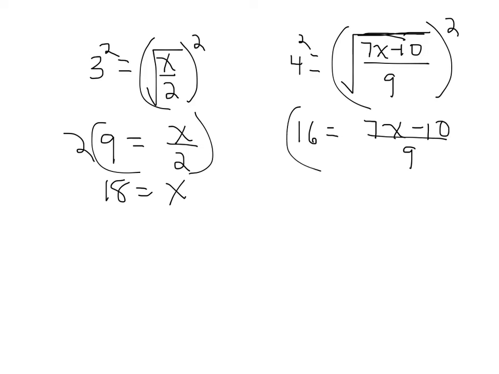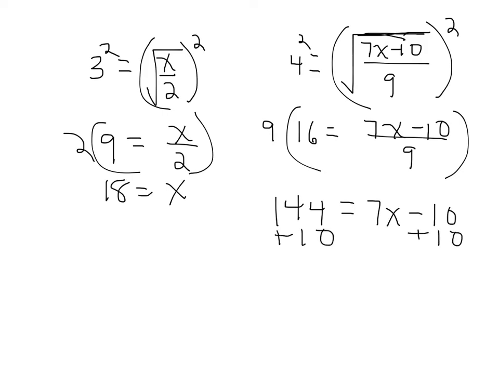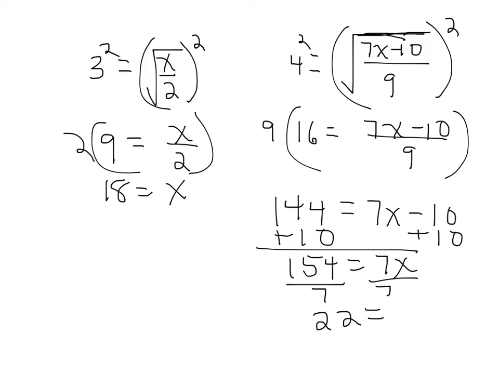Fraction destroyer tells me that I've got 7x minus 10 equals 144. I add 10 to both sides. I get 154 is equal to 7x. And when I divide by 7, I get 22 is equal to x. These are really pretty straightforward.